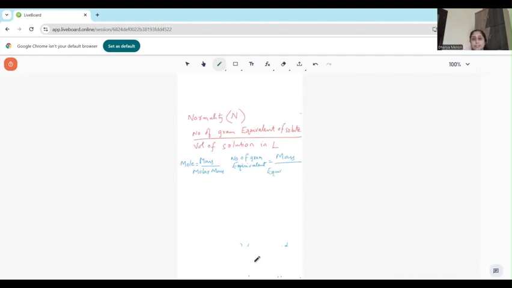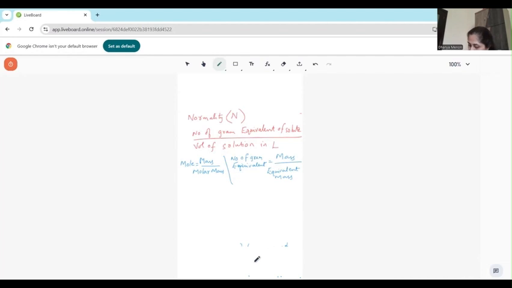Equivalent mass, what it is, just hold on, I will come to it. Just as moles equal mass over molecular mass or molar mass, similarly, number of gram equivalent is equal to mass over equivalent mass. Instead of molar mass, we use equivalent mass for number of gram equivalents.